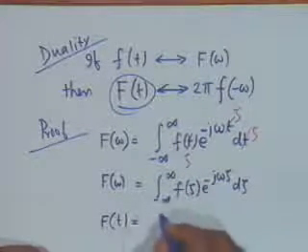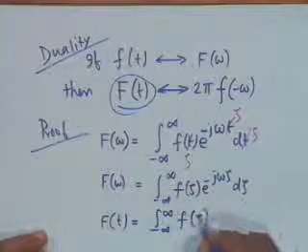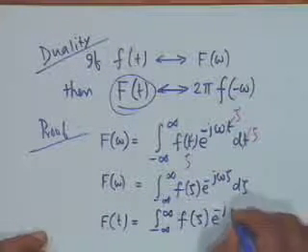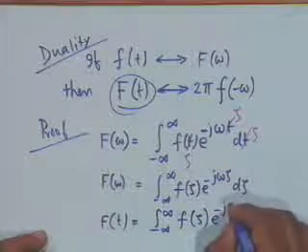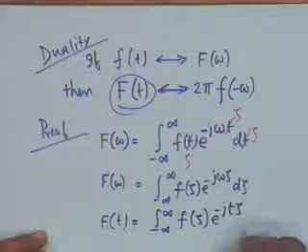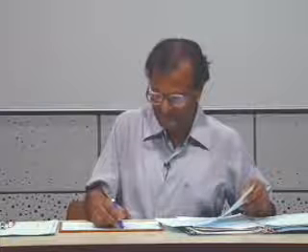Therefore I get the integral from minus infinity to infinity of f of zeta e to the power minus j t zeta d zeta. Let me write it again. F of t is equal to the integral from minus infinity to infinity of f of zeta e to the power minus j t zeta d zeta.